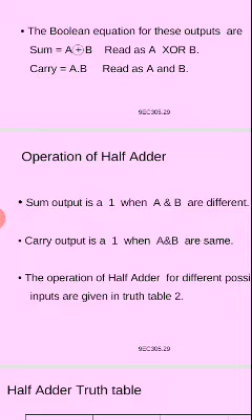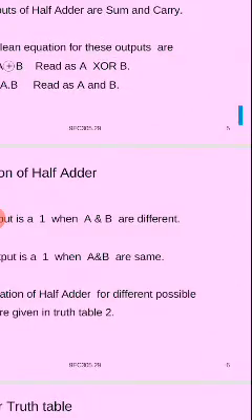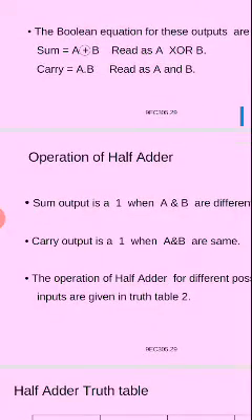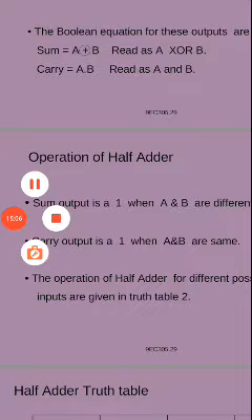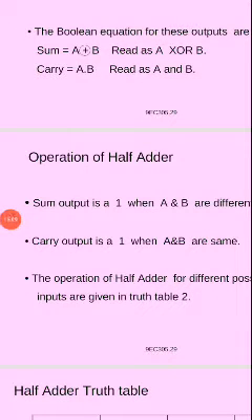Operation of half adder. Sum output is 1 when A and B are different. Carry output is 1 when A and B are the same.